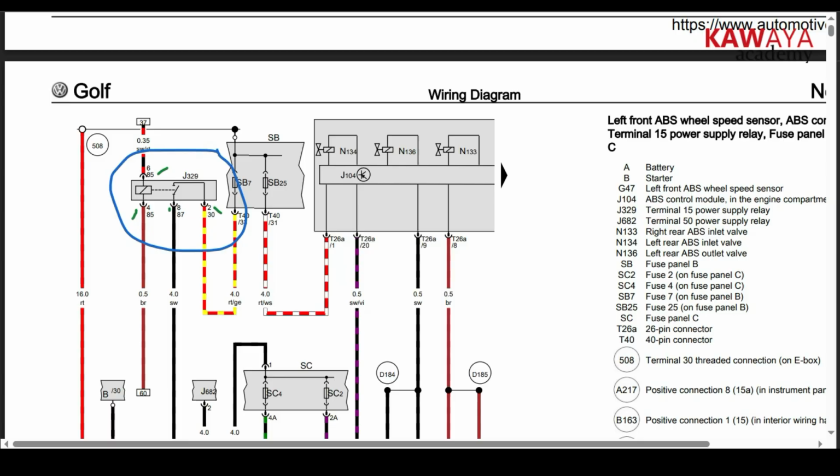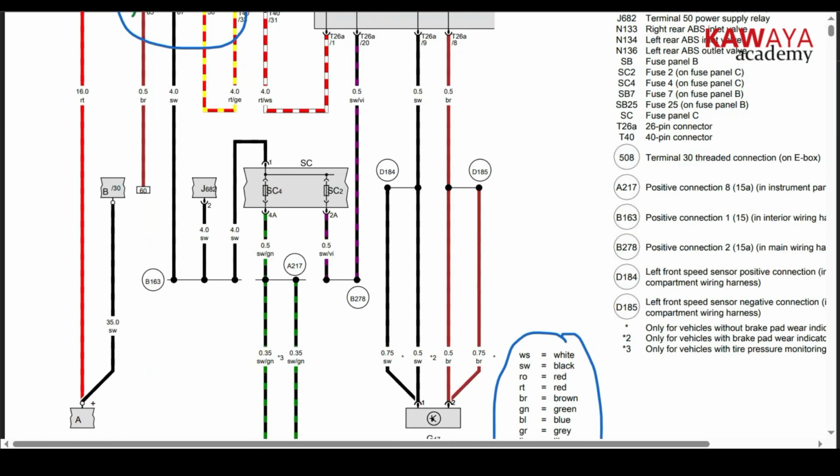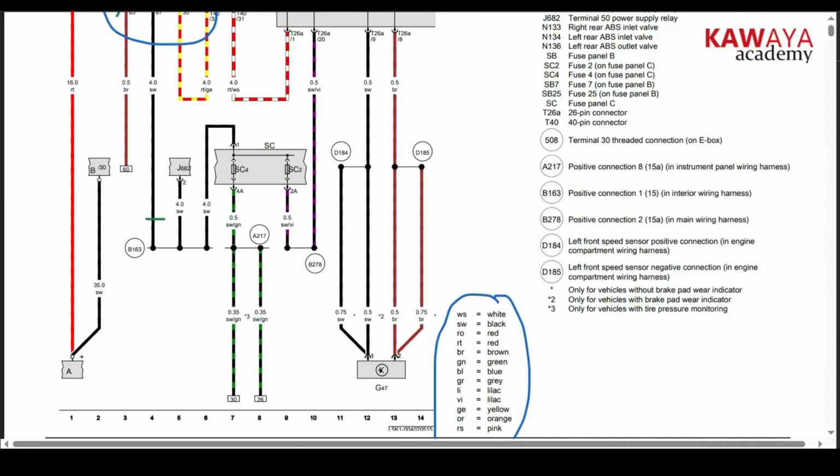So when it closes, power will flow from the battery to our load, which will be situated along this wire. Okay, we also have these connected points. This is B163. You can come here and see what it's labeled. This is the positive connection, interior wiring harness.